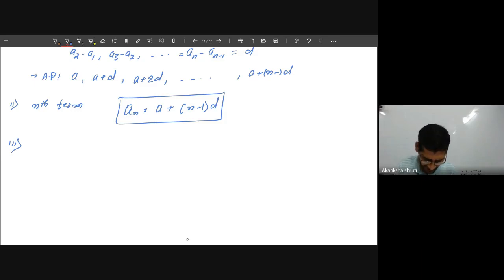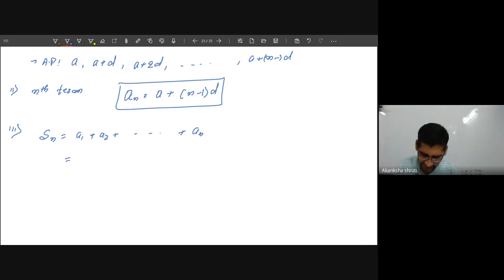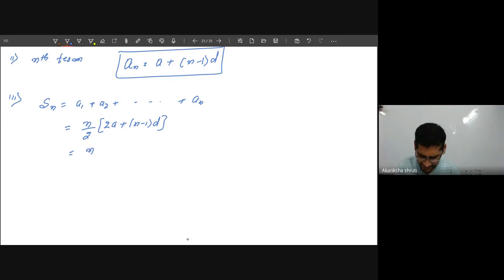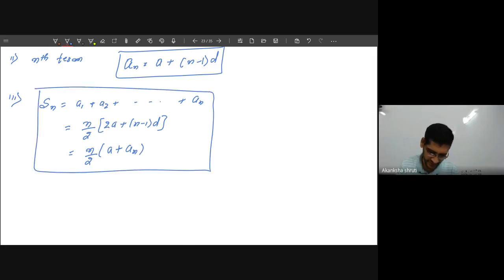If we continuously add, Sn is A1 plus A2 going on up to An. In terms of n, A and D, it is given as n by 2 times (2A plus (n minus 1) D). The same thing is also given by n by 2 times (A plus An). These are the other things that we have learned.